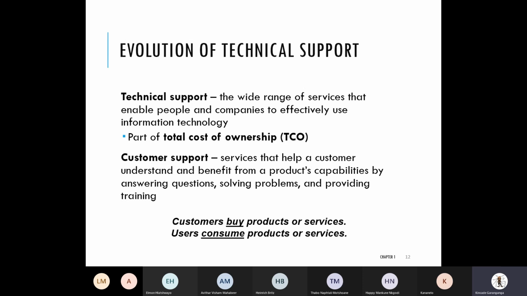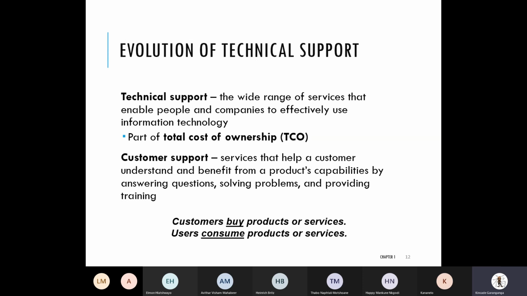But on the other hand, when you look at customer support, you're now looking at your clients understanding the benefits of the actual product or technology in terms of capabilities, by answering questions that enable them to solve problems and providing some kind of training in terms of using that distinctive product as far as configurations would go.